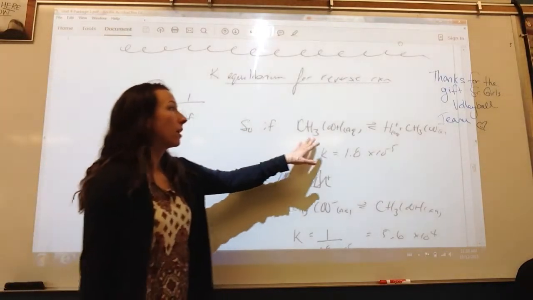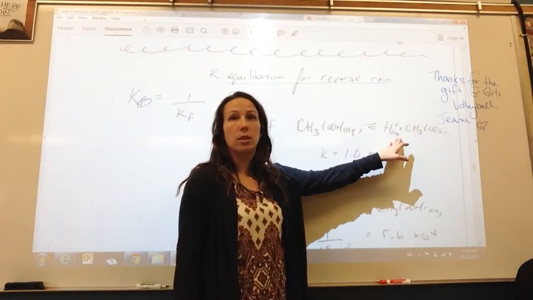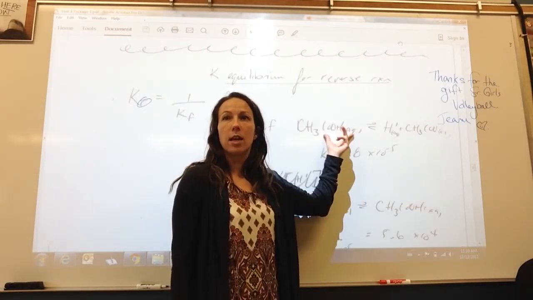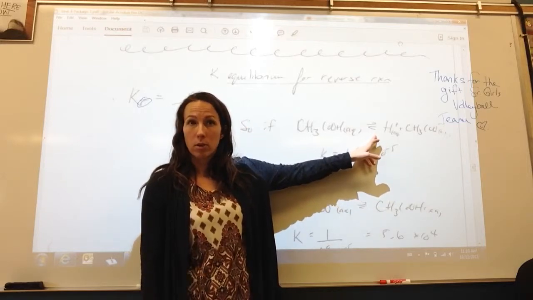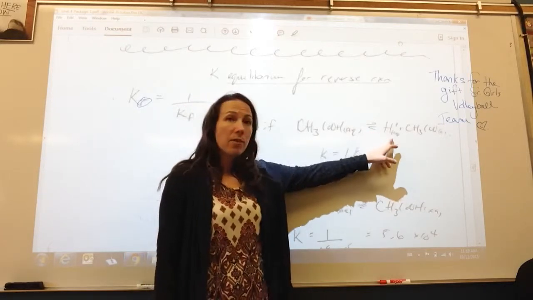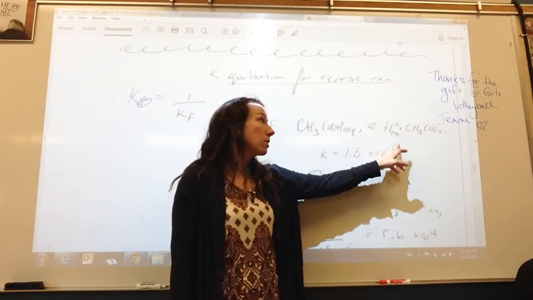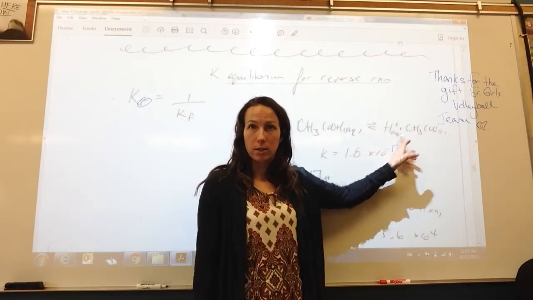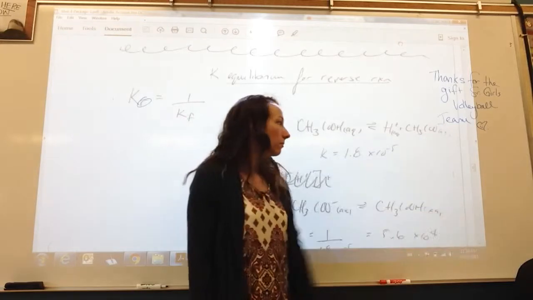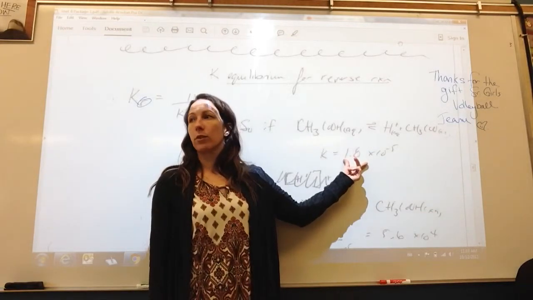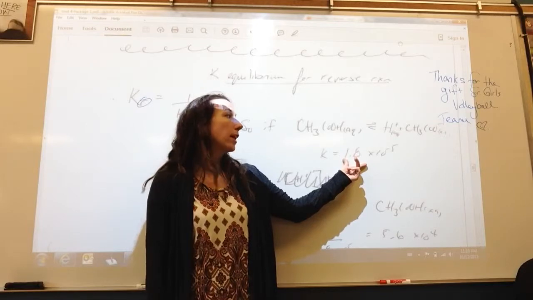So if this, which decomposes, is an acid, a carboxylic acid, it's a weak acid, therefore I have these fancy weak arrows. Some of it, a tiny bit of it, decomposes into H+, that's why it's an acid, and this ethanoate ion. The K expression for this is 1.8 times 10 to the power of negative 5.